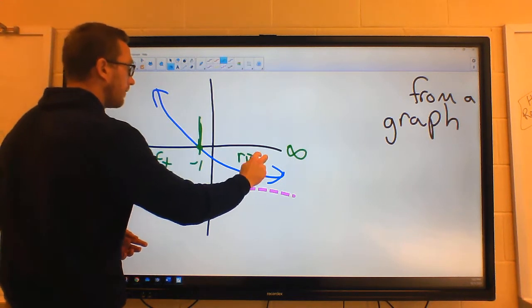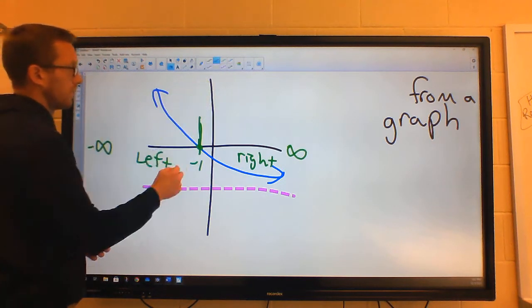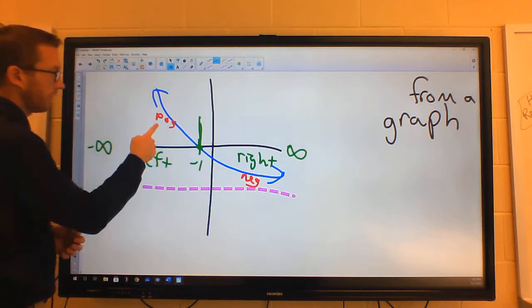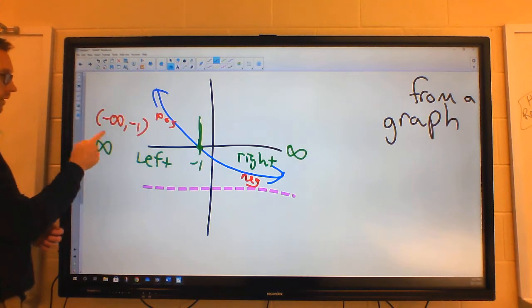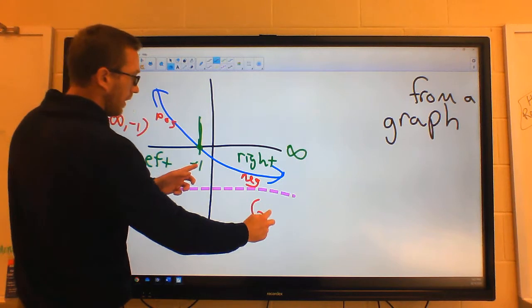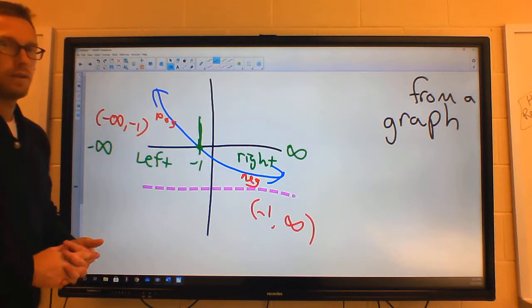This is the right half. Okay? This side is clearly positive. This side is clearly negative. So our positive region is from negative infinity to -1. Our negative region is from -1 to positive infinity. Okay?